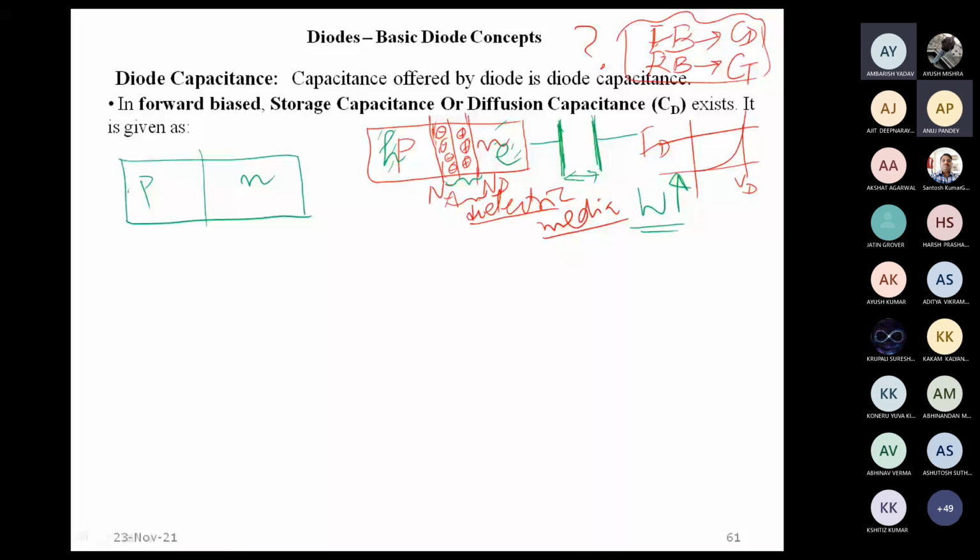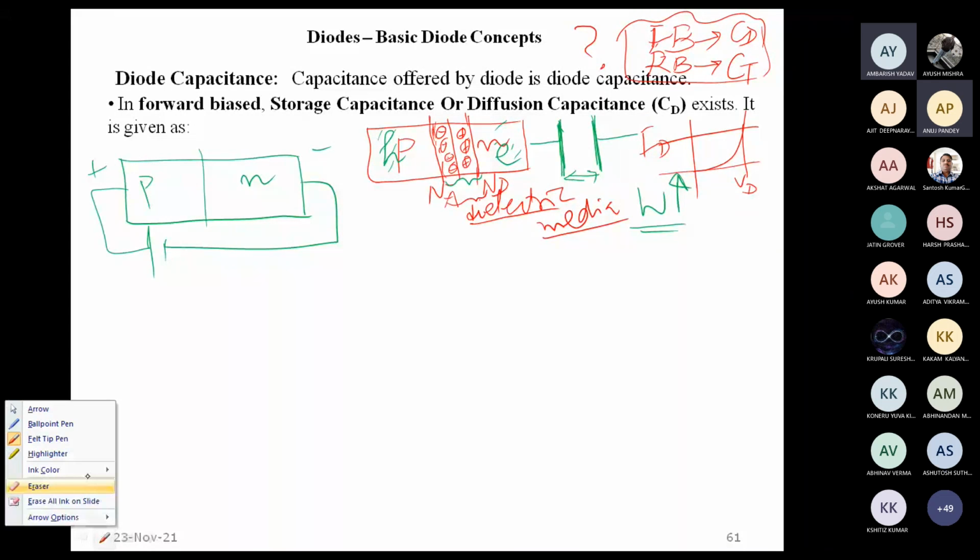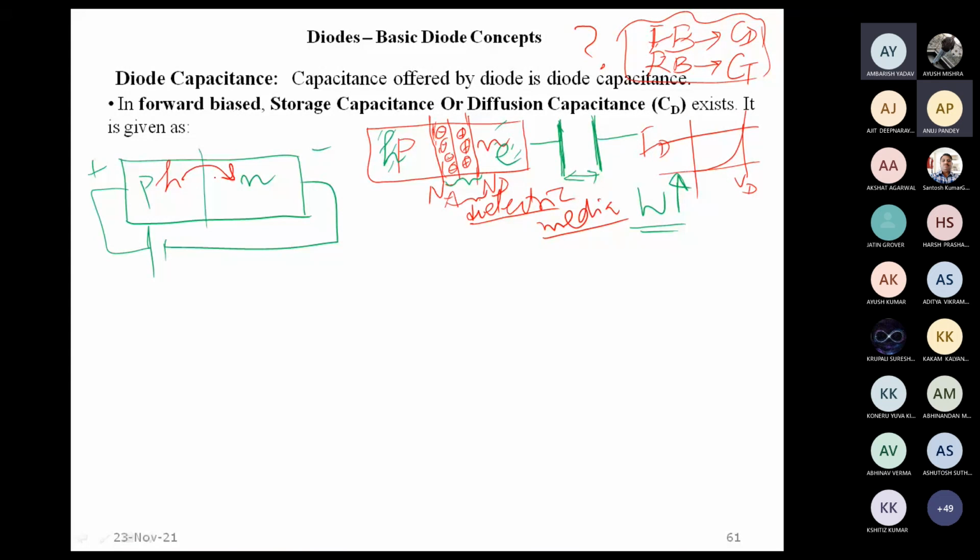In the forward bias we have applied a positive voltage on the P side and a negative voltage on the N side. With the application of this voltage, the holes go from the P side to the N side, and the electrons come from the N side to the P side. They are injected actually, and that is how the current flows.